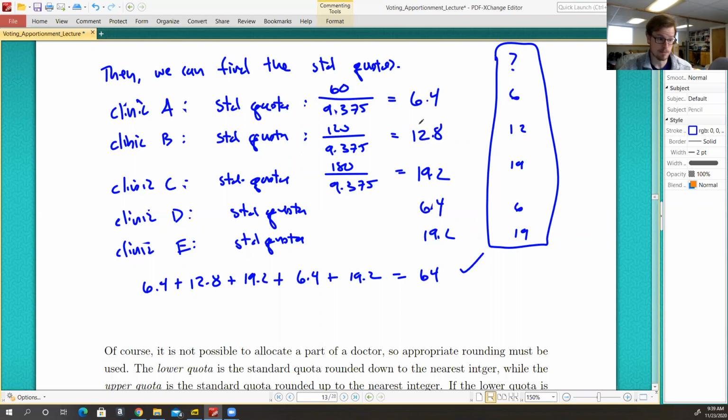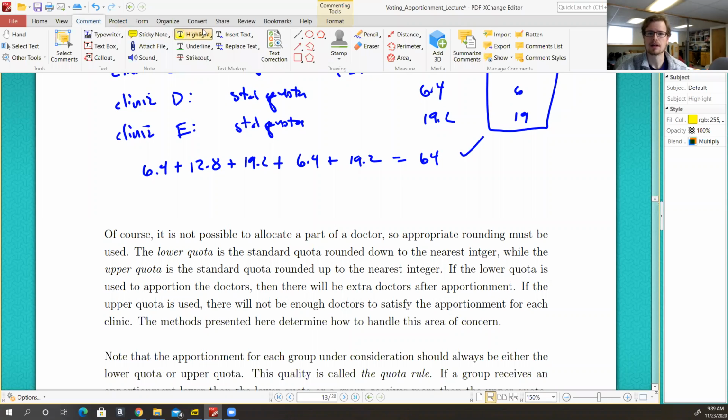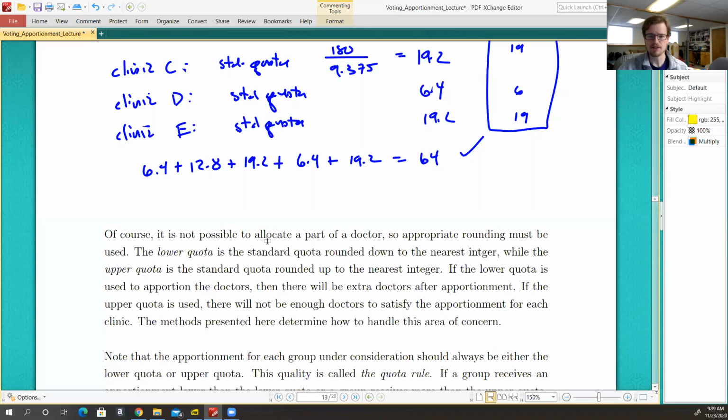We would expect it to be something really close to the standard quota, and that's exactly correct. In fact, every apportionment, every way that you decide to distribute the doctors or whatever you're distributing, should be that standard quota rounded up or rounded down. When we round the standard quota down, it's called the lower quota.